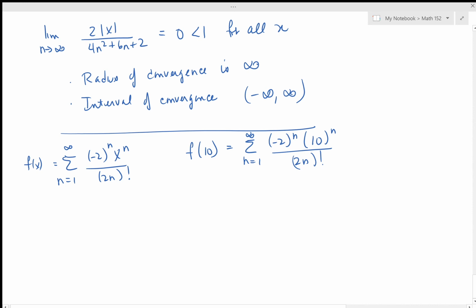Now I'm going to tell you something, sort of a preview for what's coming. This function f of x, which I've labeled f of x, is in fact equal to cosine of root 2 root x, minus 1. That's not root 2, is it? It's root 2 root x minus 1. That is in fact the exact same function as this.